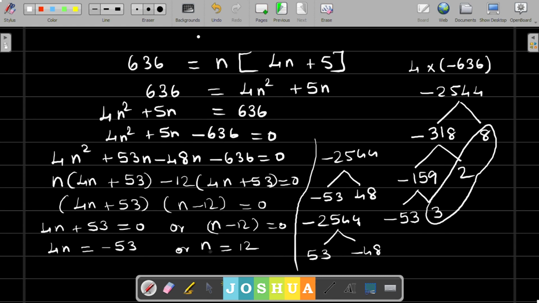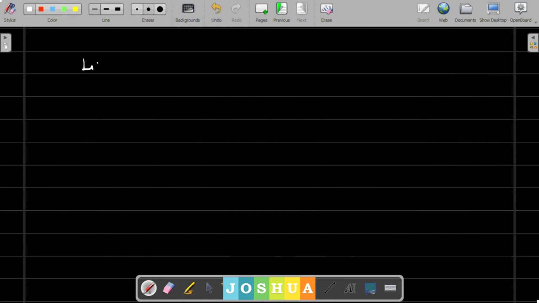Right here, 4n is equal to minus 53, or n is equal to plus 12, or n is equal to minus 53 upon 4, or n is equal to 12.